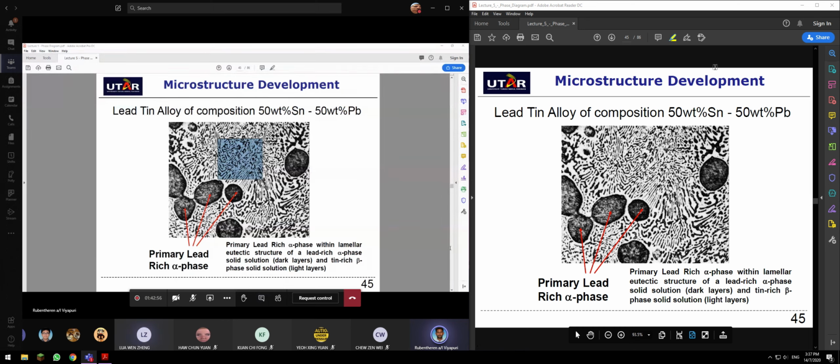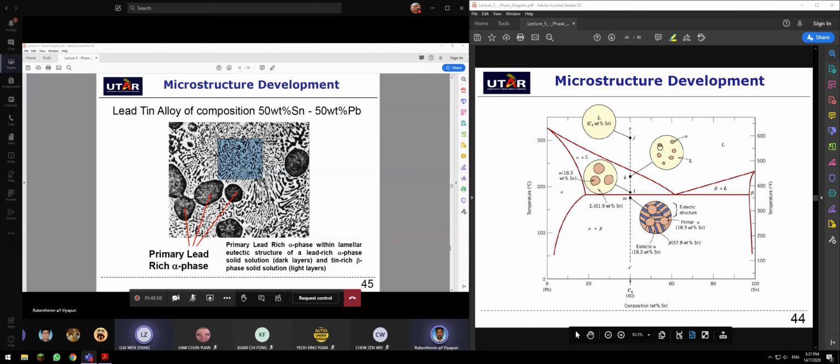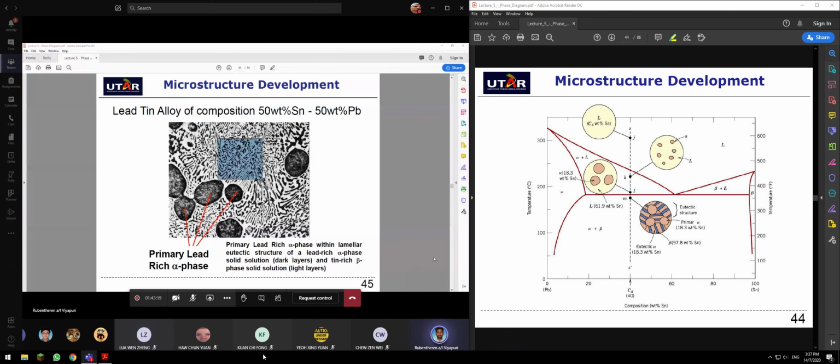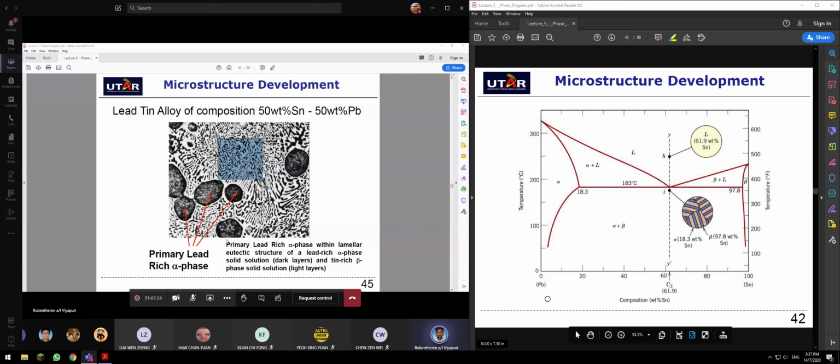Sir, so the solid is always 18.3%? Yes, the answer is yes. 18.3 is the maximum tin that can occur at that line, which is the eutectic line. So no matter how I draw, it's always 18.3%, is it? Any other questions, guys? Can you hear me?